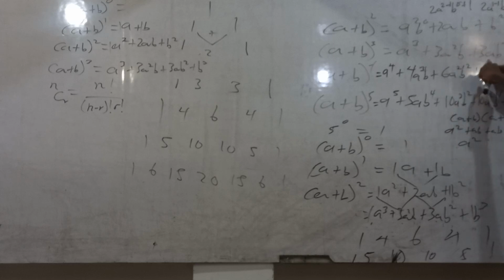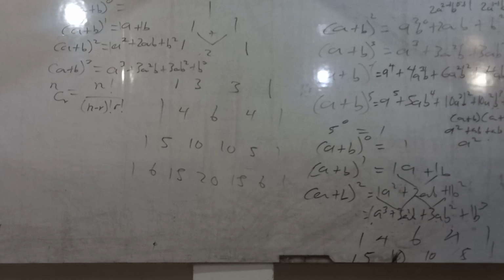The A will fall by another 1 from 2 to what? 1. Then the B will increase by 1, so it will be 1 plus 1, which is 2. Then the last term, the A will fall because now it's level 1. So it will fall by 1, then the B will increase by what? 1. So now 2 plus 1 will be what? 3. Do you understand? Good.